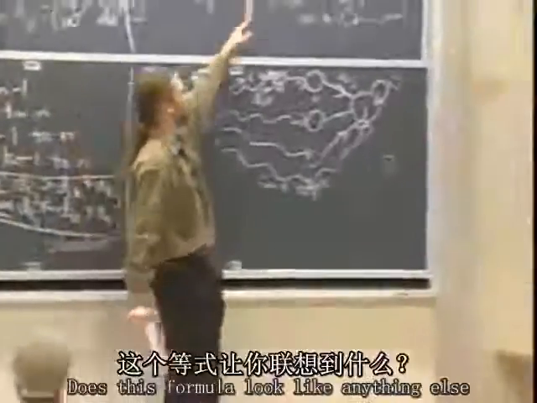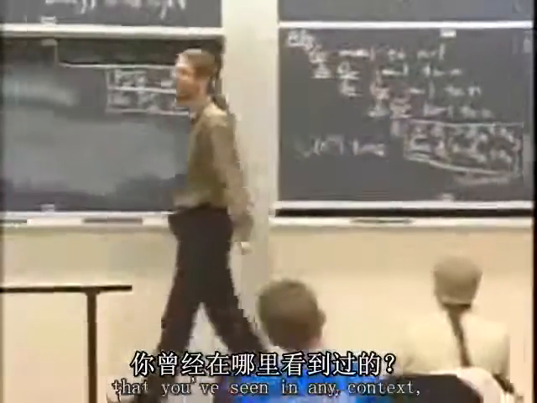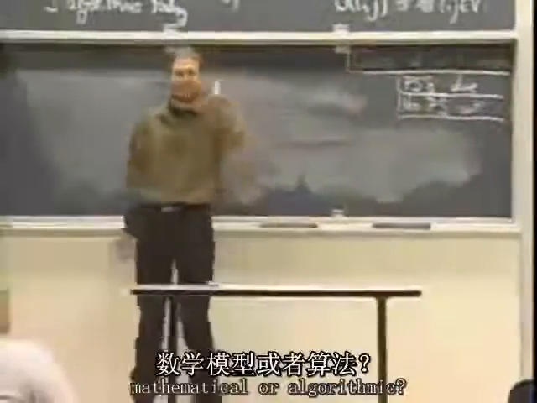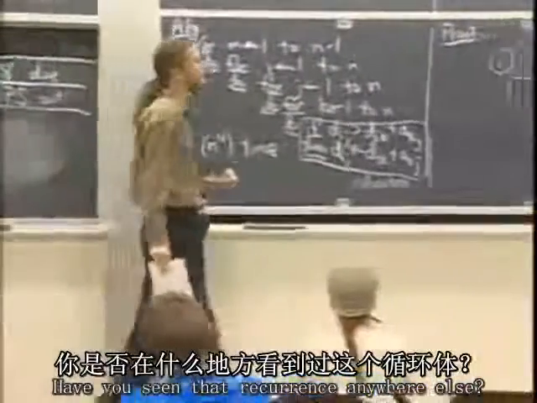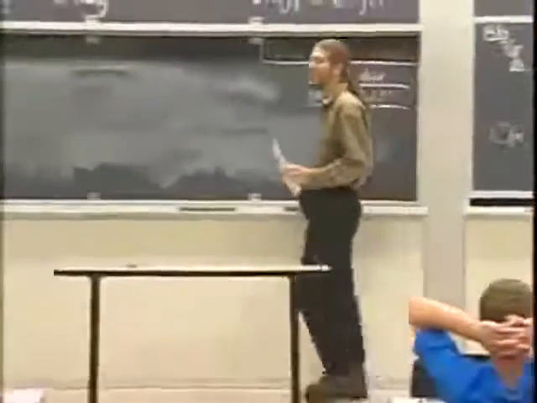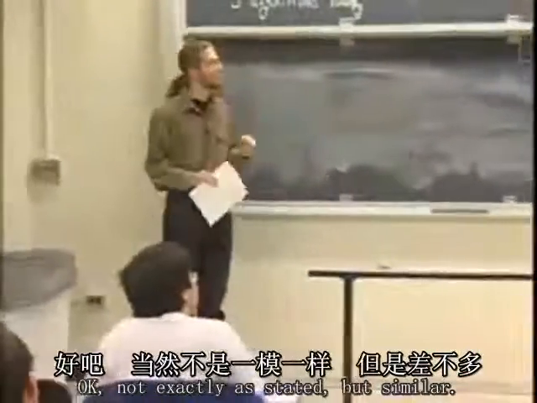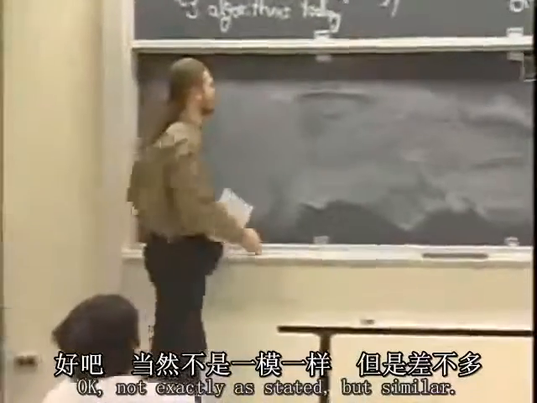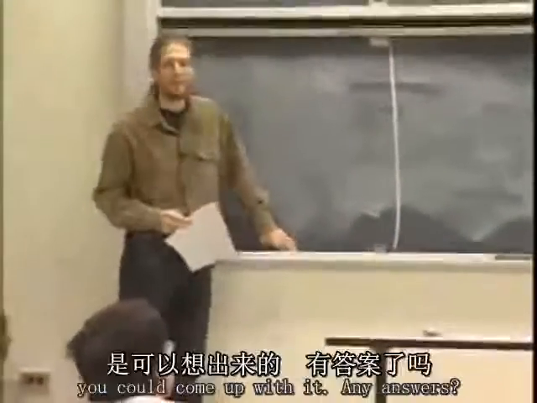Does this formula look like anything else that you've seen in any context, mathematical or algorithmic? Have you seen that recurrence anywhere else? And not exactly as stated, but similar. Yeah. I'm sure if you thought about it for a while, you could come up with it.